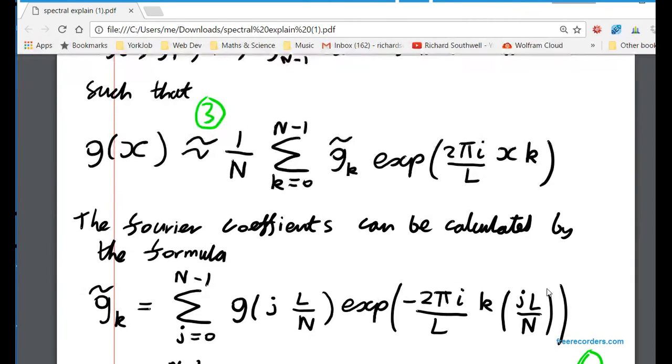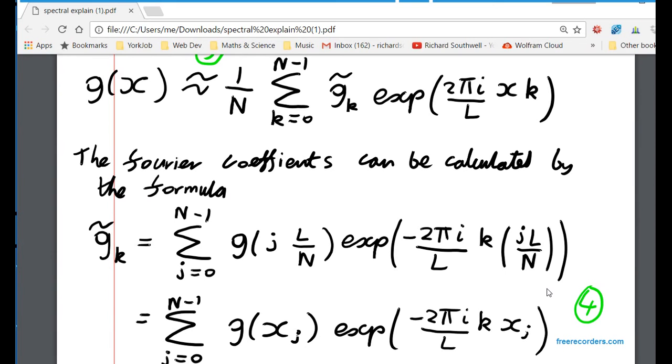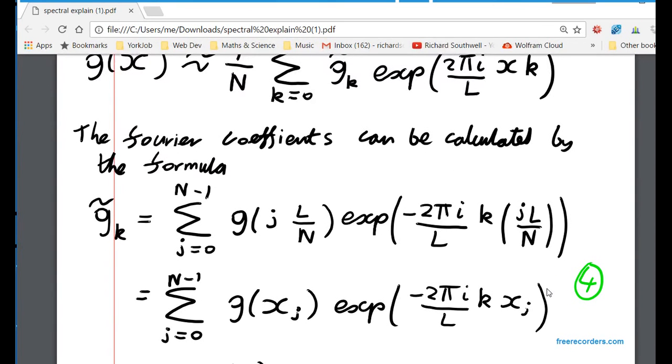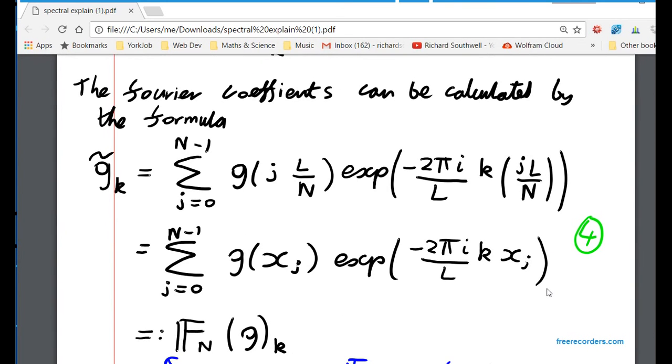So this is the formula to get the Fourier coefficients, and this is basically the Fourier transform, or the fast Fourier transform. It's basically what the fast Fourier transform does.